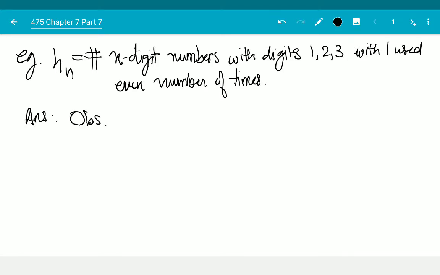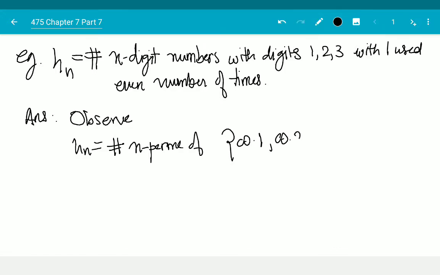Observation. First of all, observe that hn is basically the number of n-permutations of the set infinity times 1, infinity times 2, and infinity times 3.